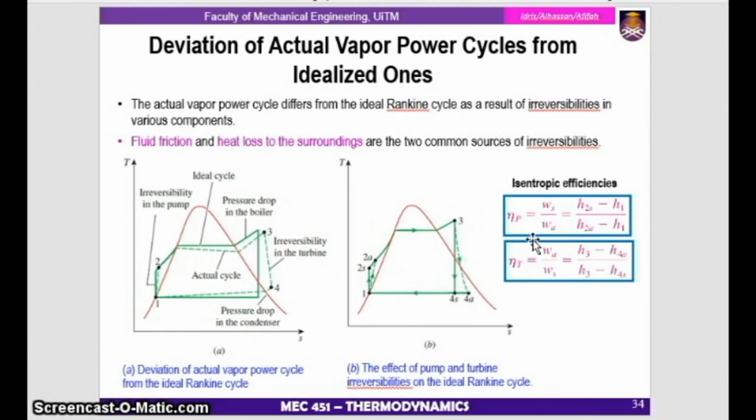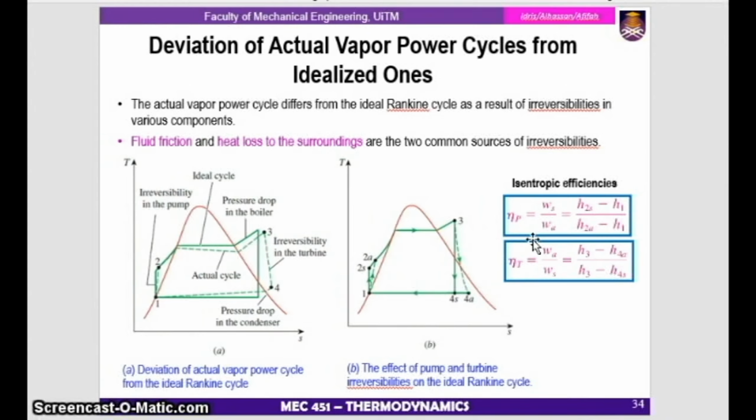Okay, now we look at the deviations of the actual vapor power cycle from the idealized one. When you deal with these cases, in the actual situations the compressor and the turbine have efficiency, which we call the isentropic efficiency of the compressor, pump or turbine.